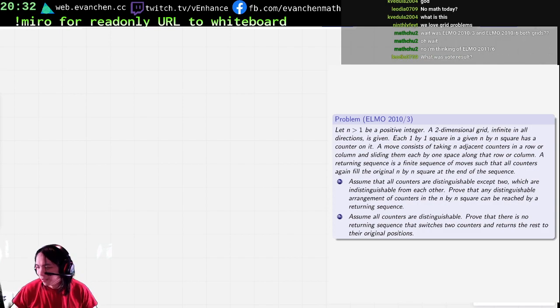Okay, so first of all, this has to be parity, right, or something. Is this like, any distinguishable? So the set of permutations you can get of the counters is promised, I think, to be, what is it?